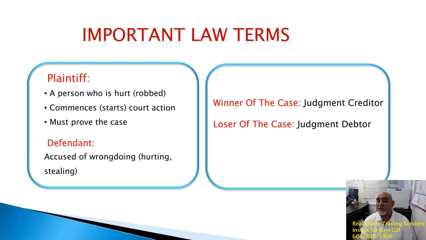Then the judge will decide to make another order, perhaps garnishing, perhaps seizure of assets, perhaps sale of the debtor's land. So if the judgment debtor does not pay, the judgment creditor has to go back to court, and we're going to talk a little bit more about that later.